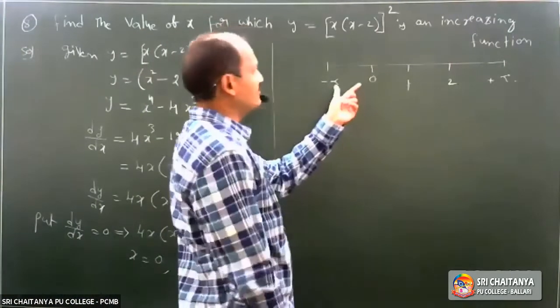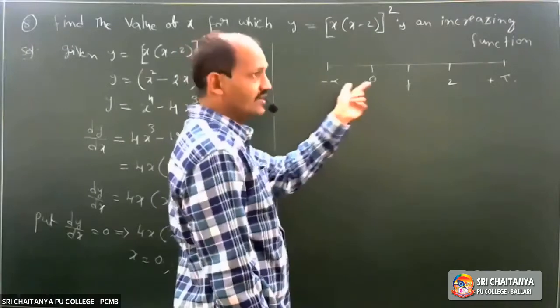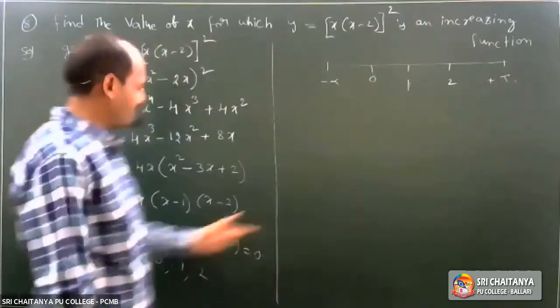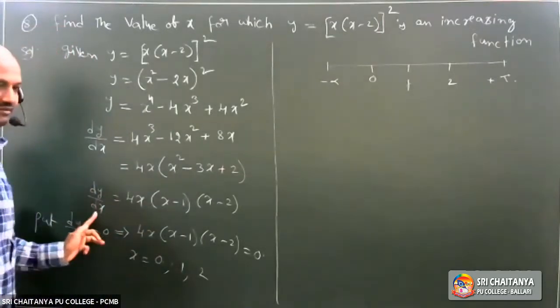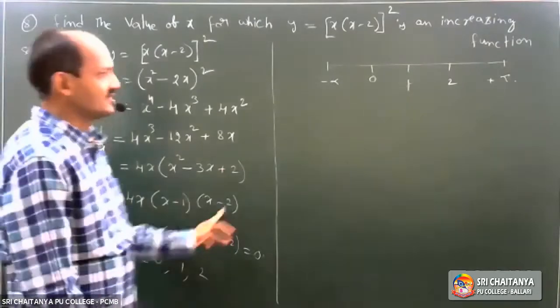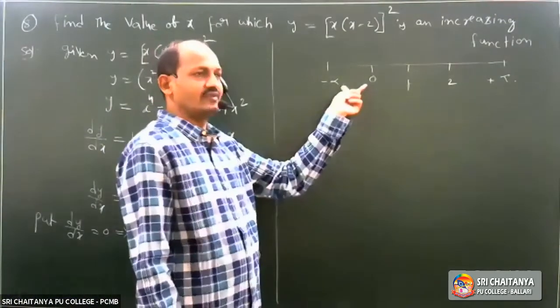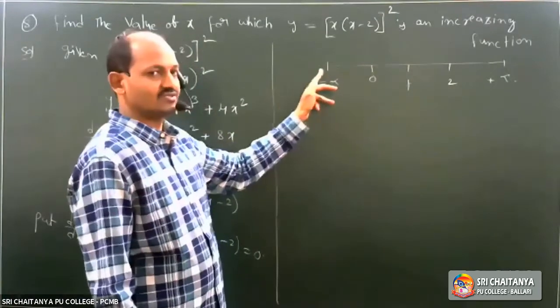Verify between minus infinity and 0: is the first derivative, 4x into (x minus 1)(x minus 2), positive or negative? Here the values are minus 1, minus 2, minus 3 and so on.